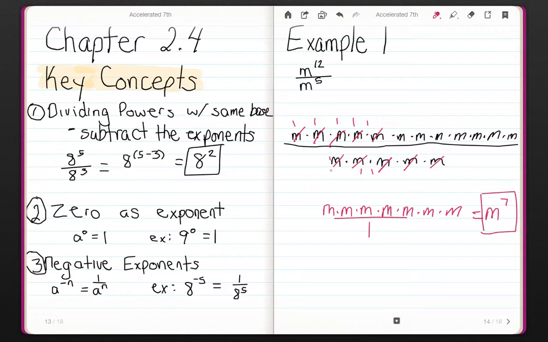So in my example, we would show m to the 12th divided by m to the 5th as m to the 12th minus 5, which equals m to the 7th. So this, writing it out, explains why we subtract our exponents. It's the opposite of multiplication where we add them.